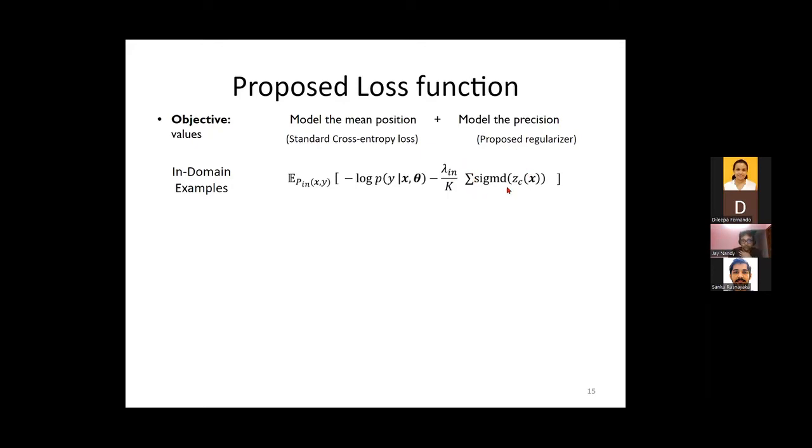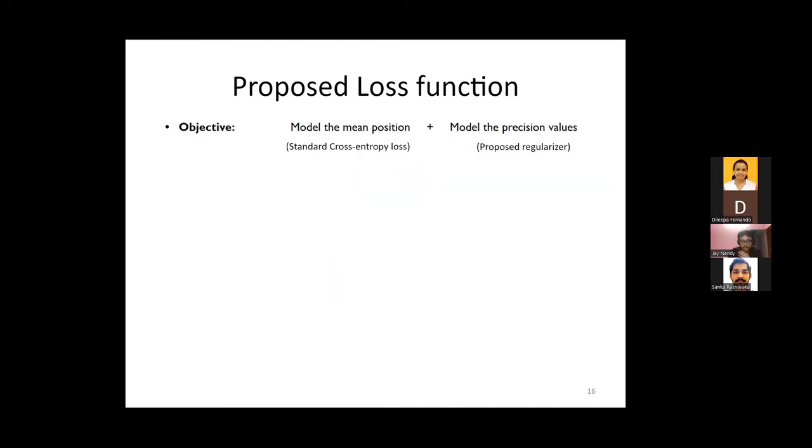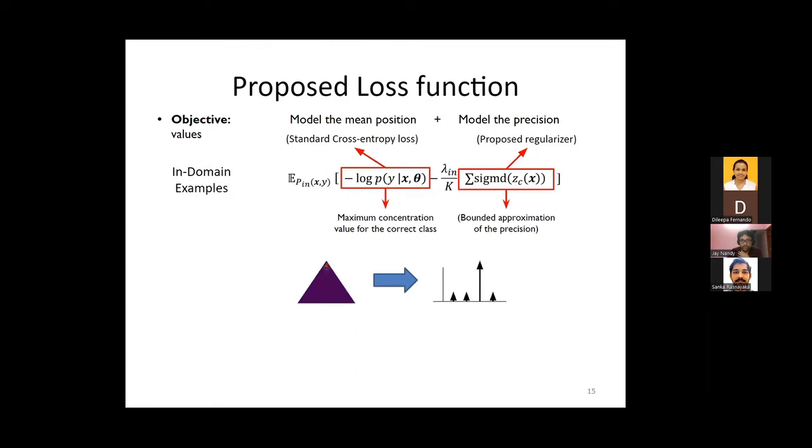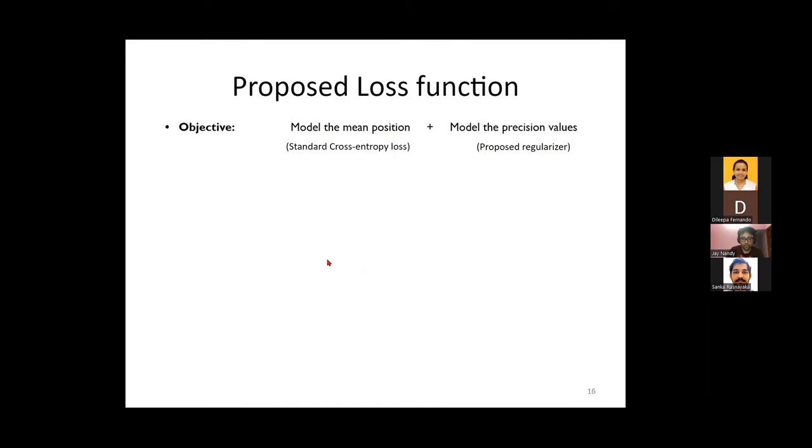For an in-domain example, we want to increase the value, so we choose lambda in to be very high. This is going to produce this kind of representation. And this part ensures that if we sample one data point from here, we are going to get a high probability score for the correct class and a low probability score for the incorrect classes.